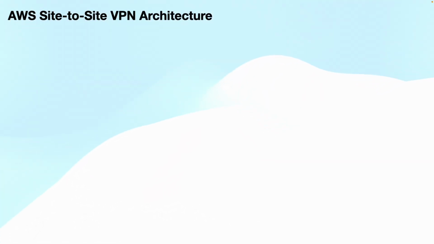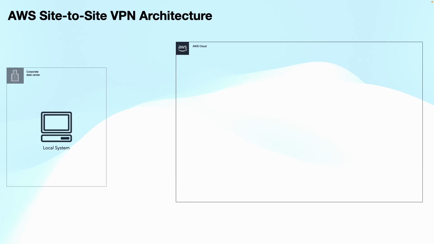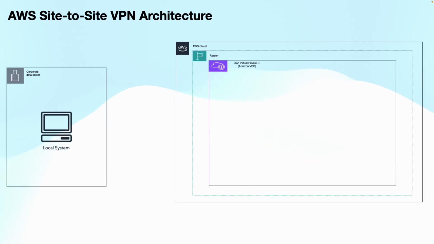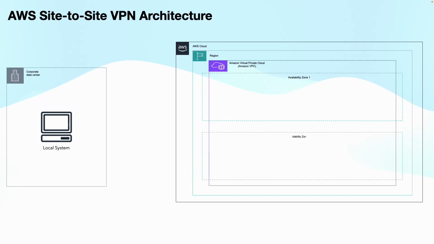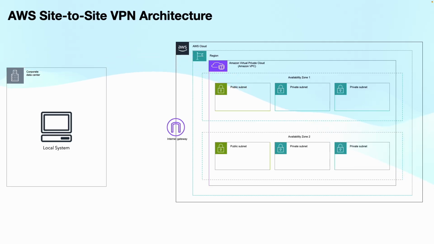Now let's see the AWS site-to-site VPN architecture. We have a corporate data center on the left and AWS on the right. We have a VPC created with 2 availability zones, and I have created 2 public subnets and 4 private subnets, and an Aurora database in this.